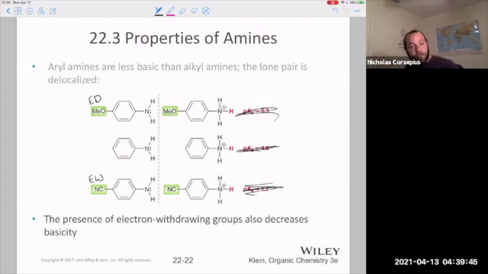Well, if there's an electron withdrawing group, that means that nitrogen wants to donate that pair of electrons to the ring even more, right? Because the ring's electron withdrawing, it's sucking those electrons in there. So that's going to make that nitrogen a much weaker base than if we have an electron donating group. Now, all of a sudden, that pair of electrons isn't as welcome in that ring, right? So the presence of an electron withdrawing group will also decrease the basicity of nitrogen.